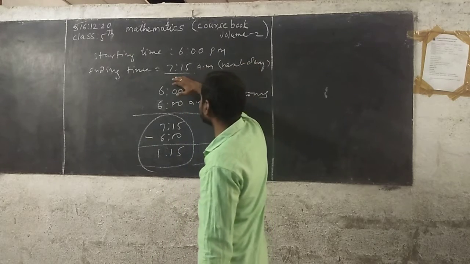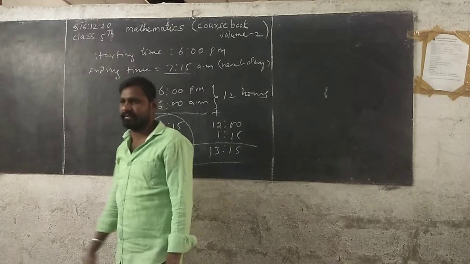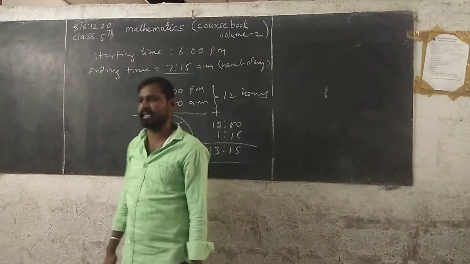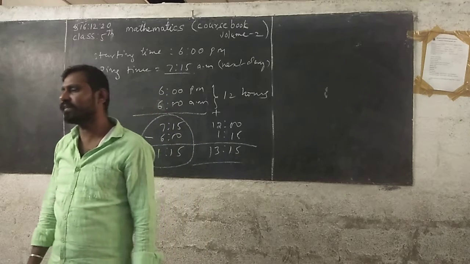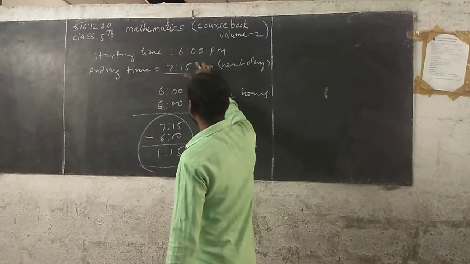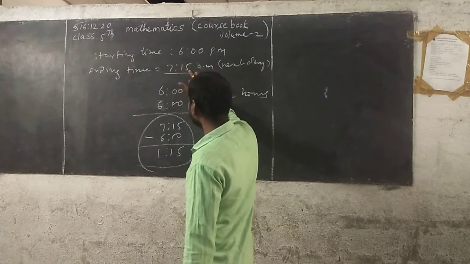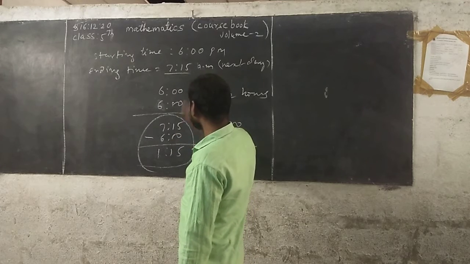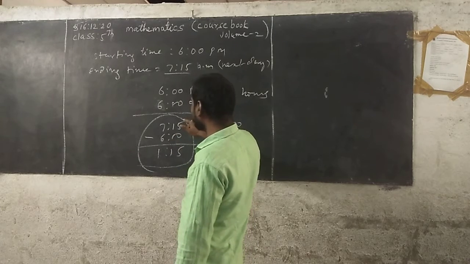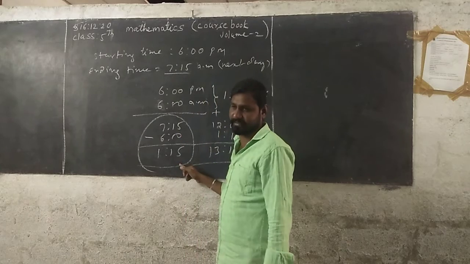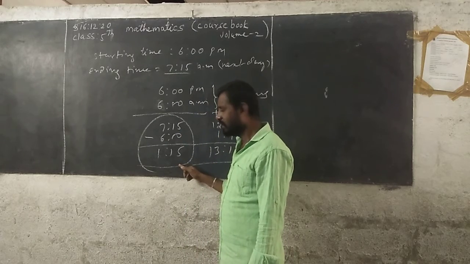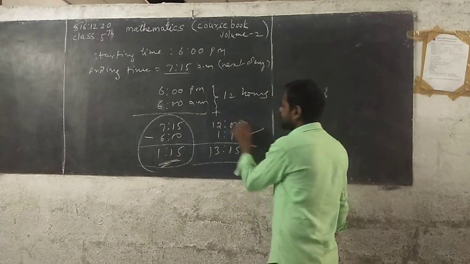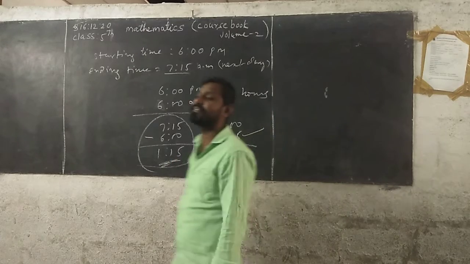Next day, 6 AM is there. So 6 PM to 6 AM, 12 hours completed. Then the remaining time: 7:15 minus 6 o'clock gives 1 hour 15 minutes. 1 hour 15 minutes is added to 12 hours, and you get 13 hours 15 minutes.